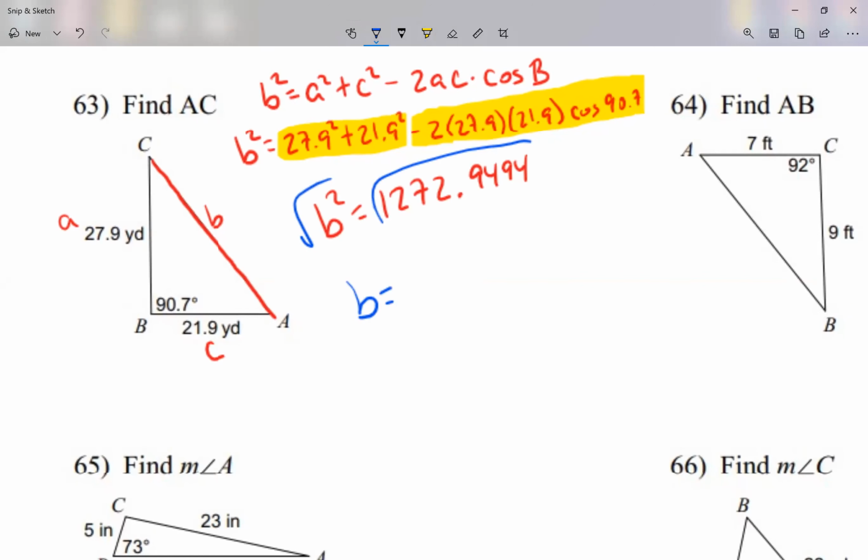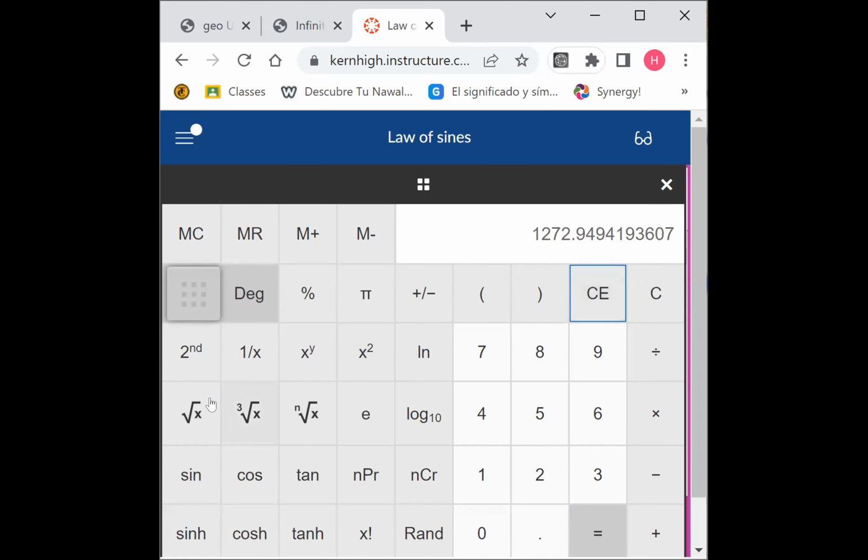So let me grab my calculator out again. The square root of 1272.9494, 35.67.